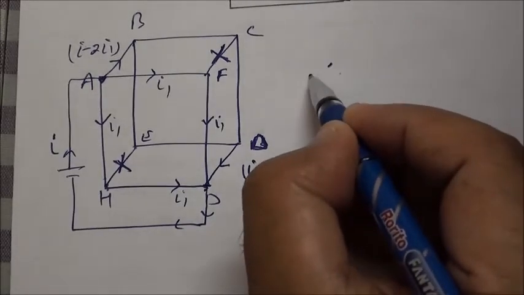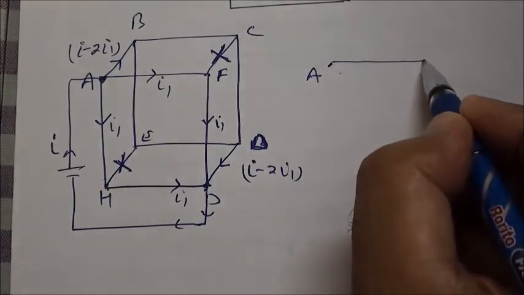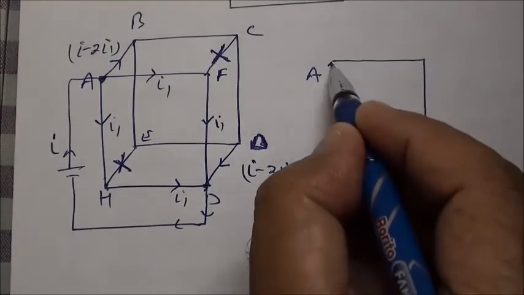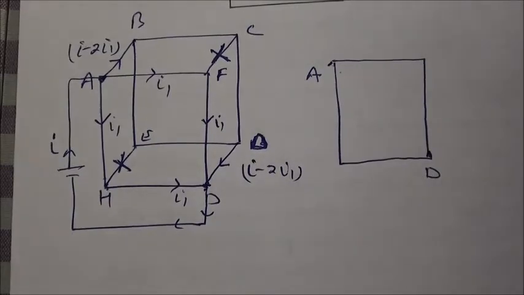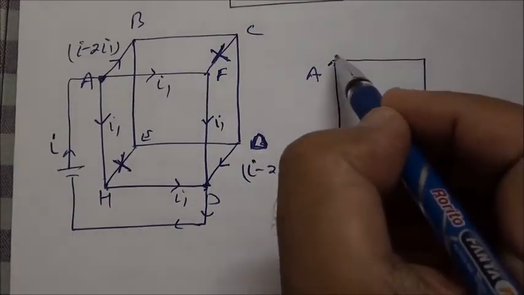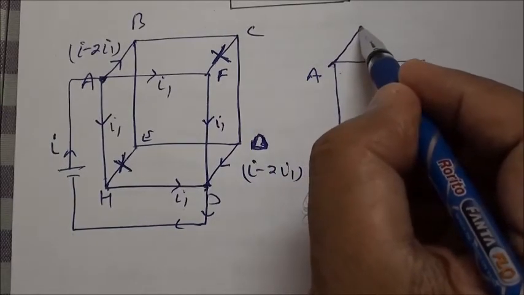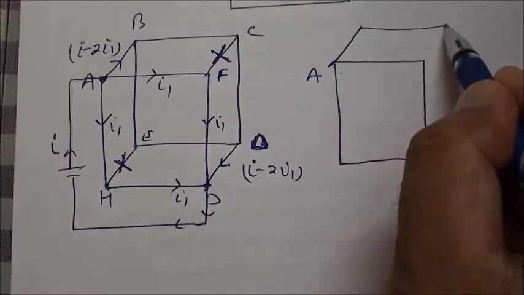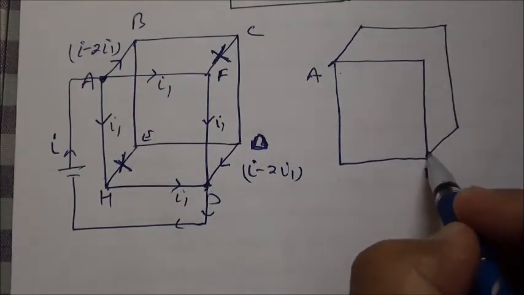This is point A. This is point D. And we have AB, then this, and then this.